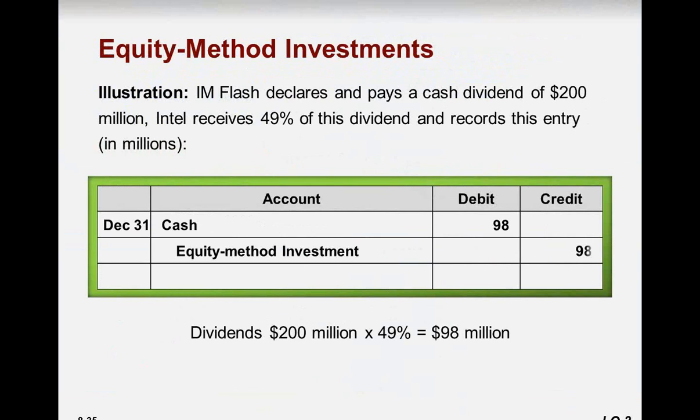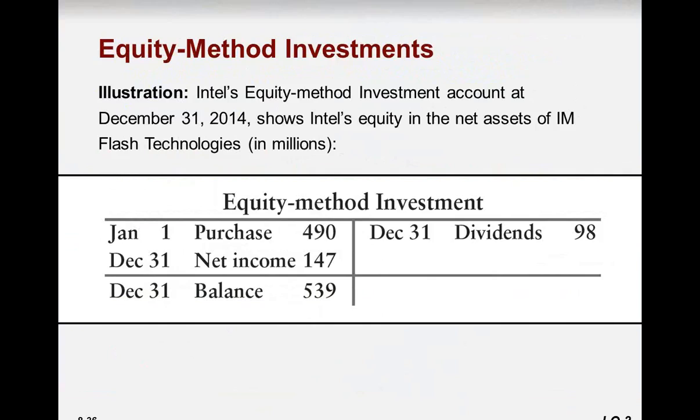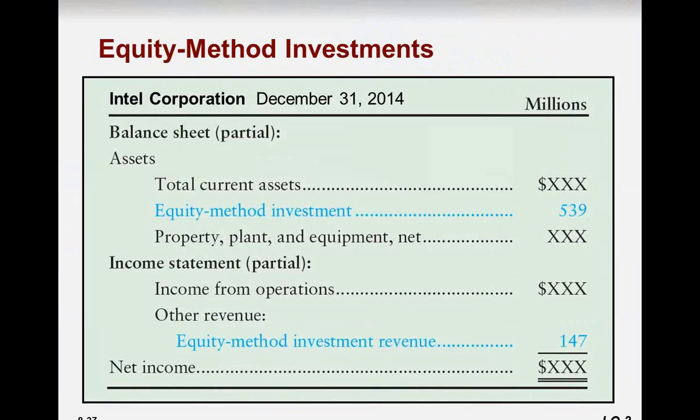When we're using the equity method, we record it right into the equity method investment, reducing it because we got cash for that. Intel's equity method investment account at December 31st shows the balance of $539. And we just list it under our assets as the type of investment it is.